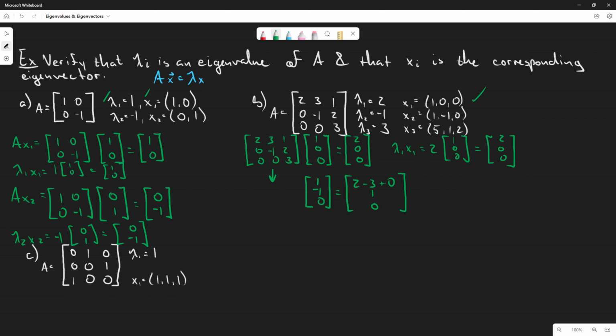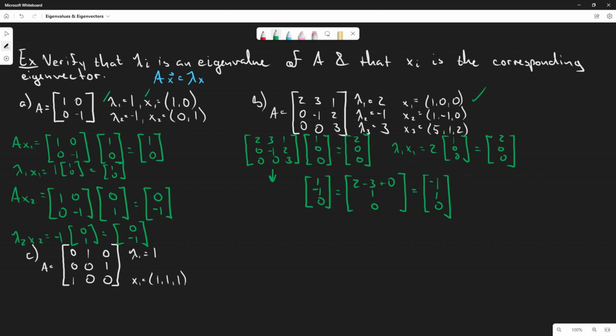This gives you 2 minus 3, which is -1, then 1, 0.